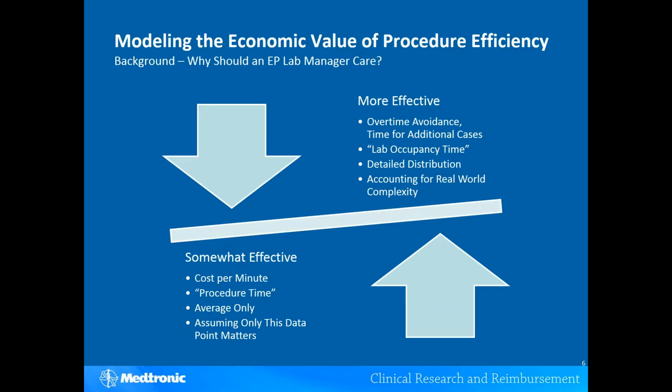And what also was desirable to them was if cases ended soon enough that that room could be used for other cases, that was useful as well in terms of treating more patients and potentially having profitable procedures. The lab occupancy time meant more to them, and understanding the detailed distribution and the true variability of these procedures and accounting for that was important, and accounting for the real-world complexity. And I'll talk about real-world complexity in just a moment.